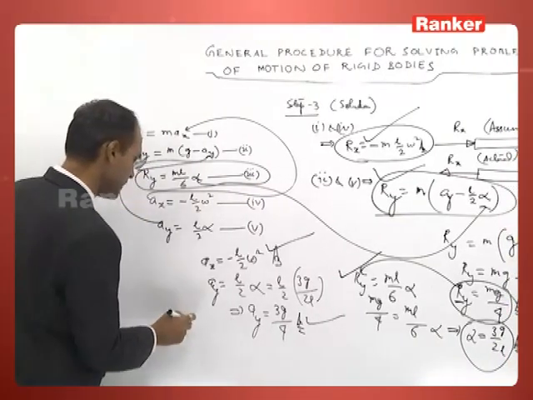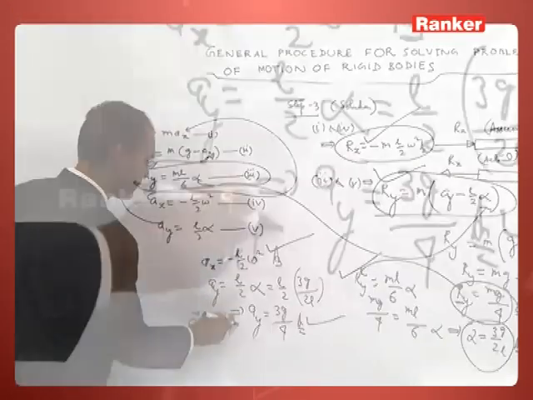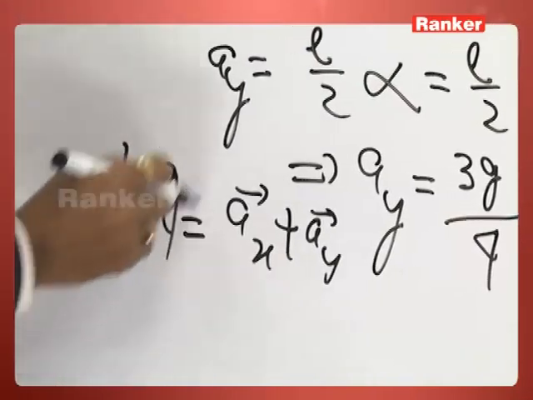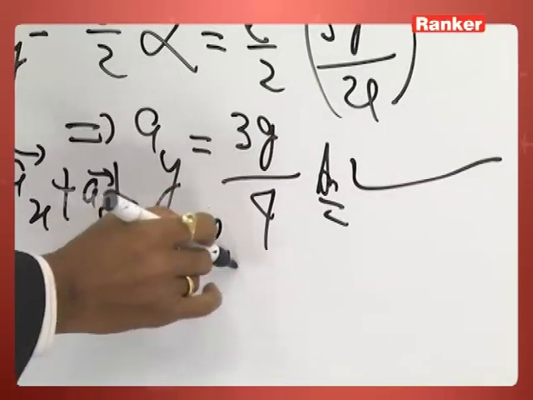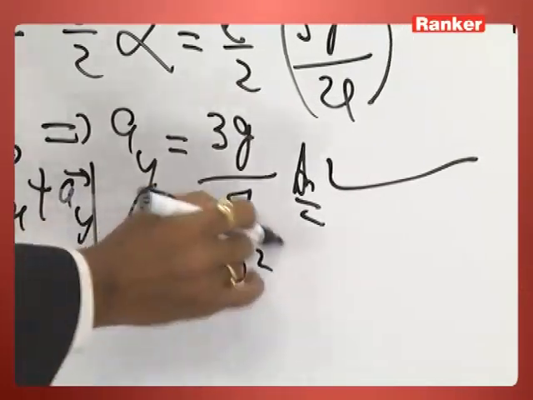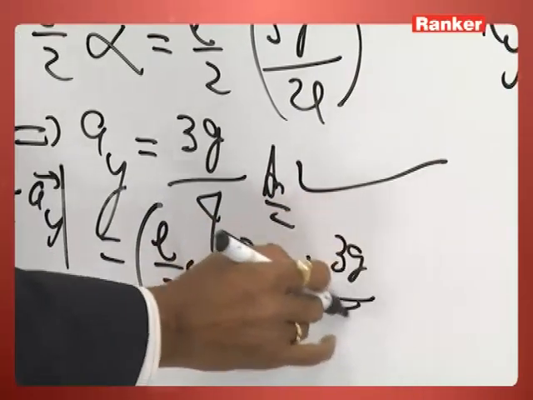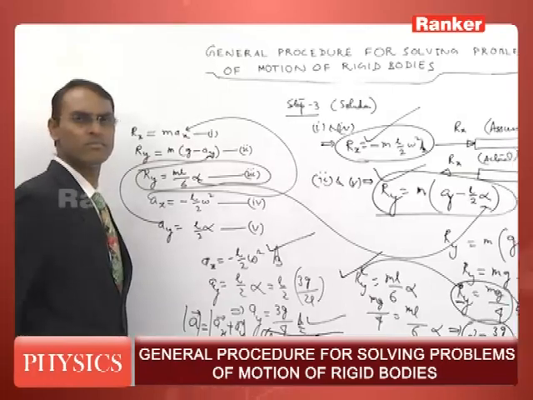The net acceleration is equal to ax vector plus ay vector. Its magnitude you can calculate. That is equal to L by 2 into omega square, square of this, plus 3g by 4, square of this, and take the square root.